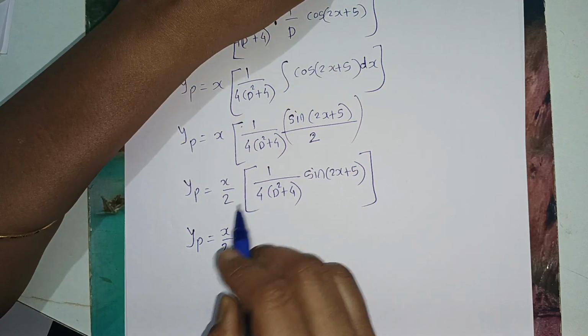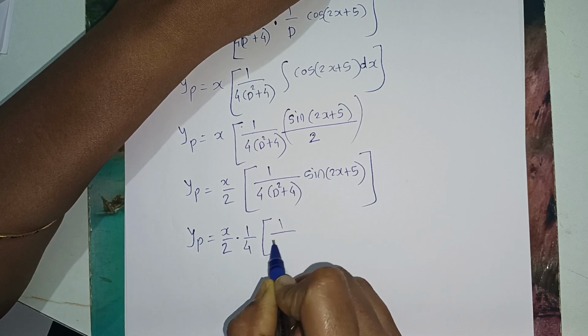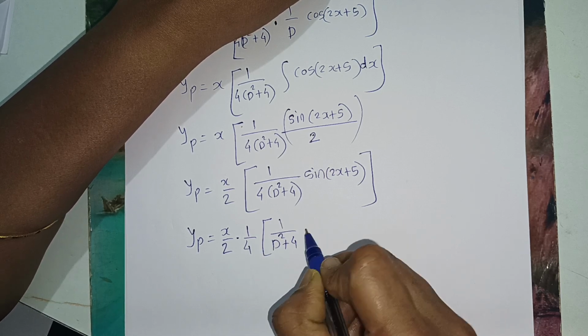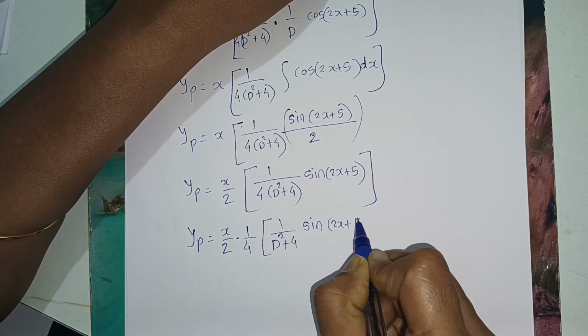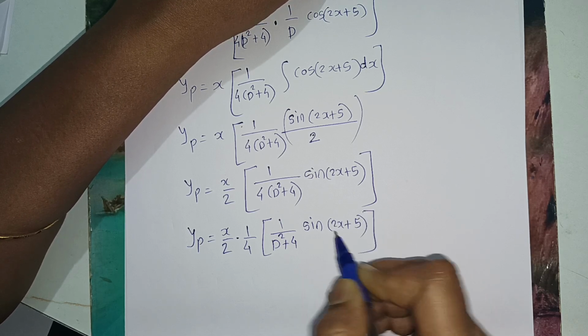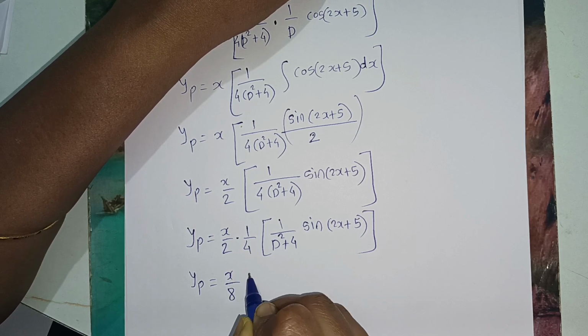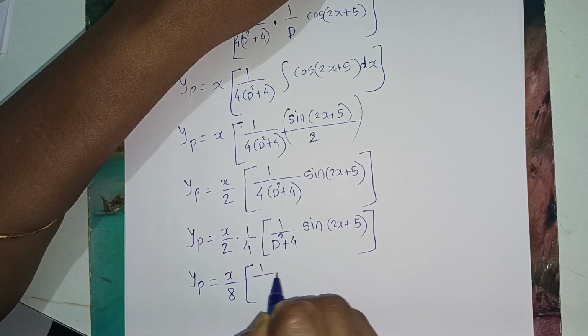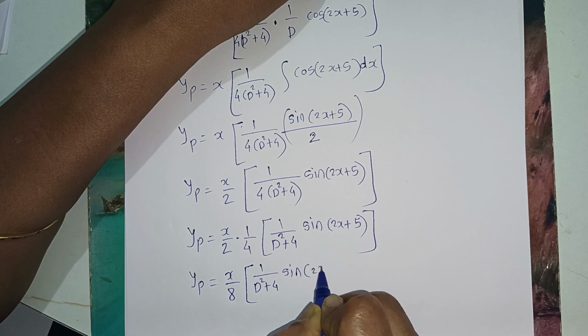You can take this 1 by 4 also outside the bracket, okay. So 1 by D square plus 4 sin of 2x plus 5, okay. So yp is equal to x by 8, 1 by D square plus 4 sin of 2x plus 5.